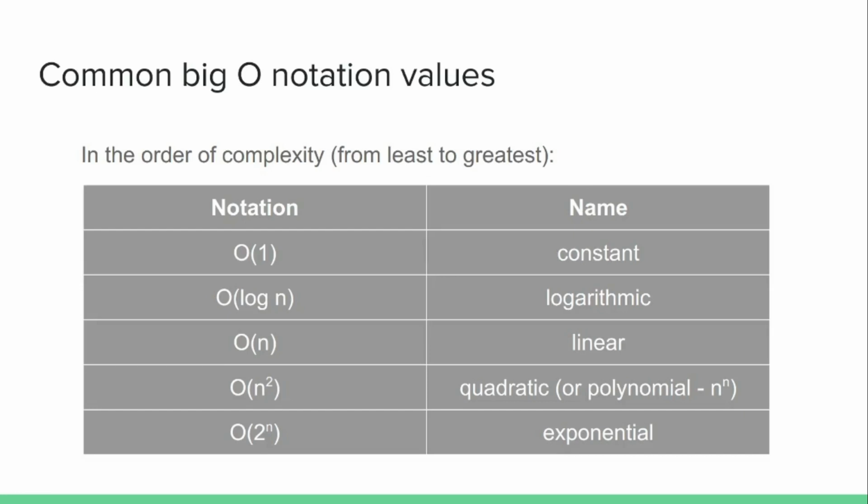And so as our data size grows really large, a logarithmic complexity becomes smaller and smaller and smaller relative to that growth. And we'll see why that happens.